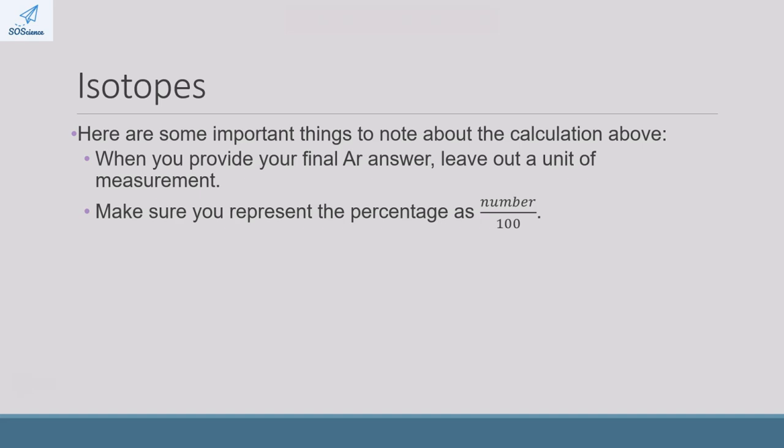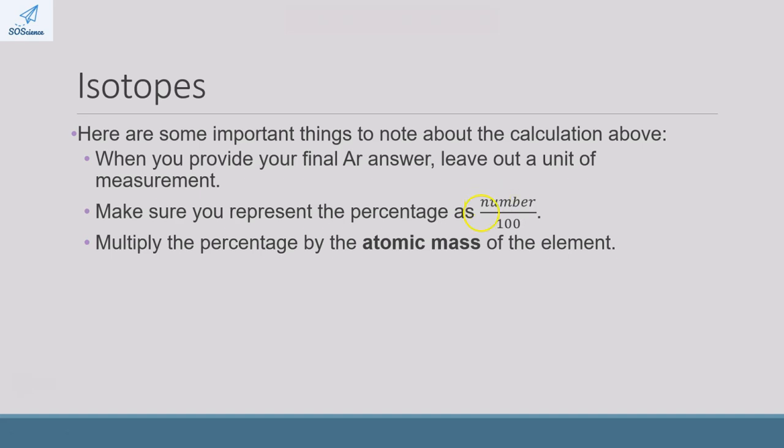Make sure that you represent the percentage as the percentage value given as a number divided by 100, and make sure that you multiply this percentage by the atomic mass of the element. If you're only given the number of neutrons of that element, you actually need to add the number of protons to get the full atomic mass of the element for the calculation.